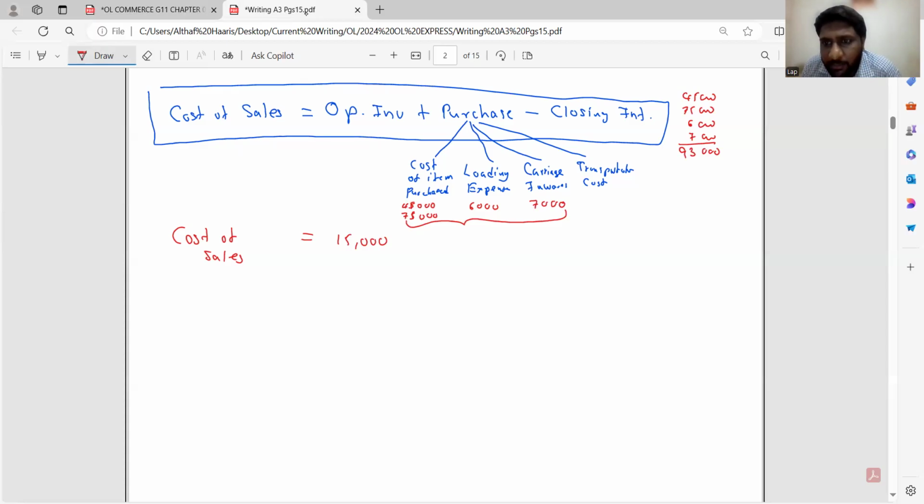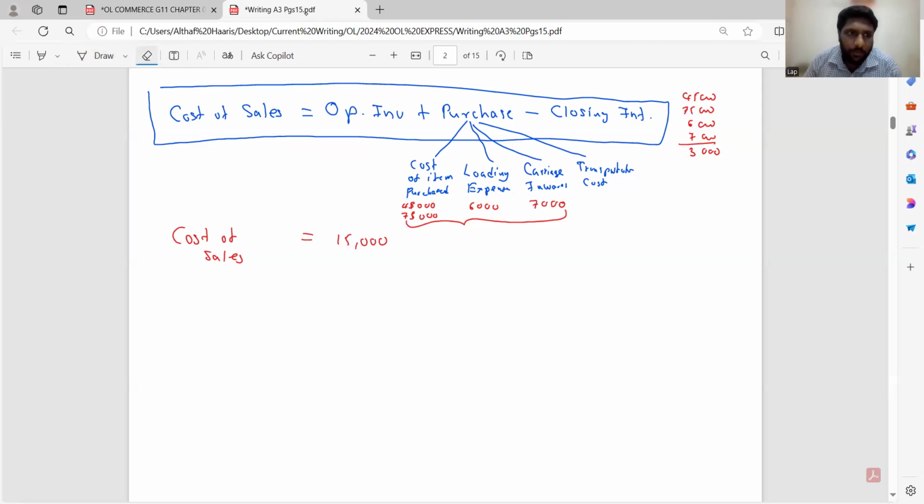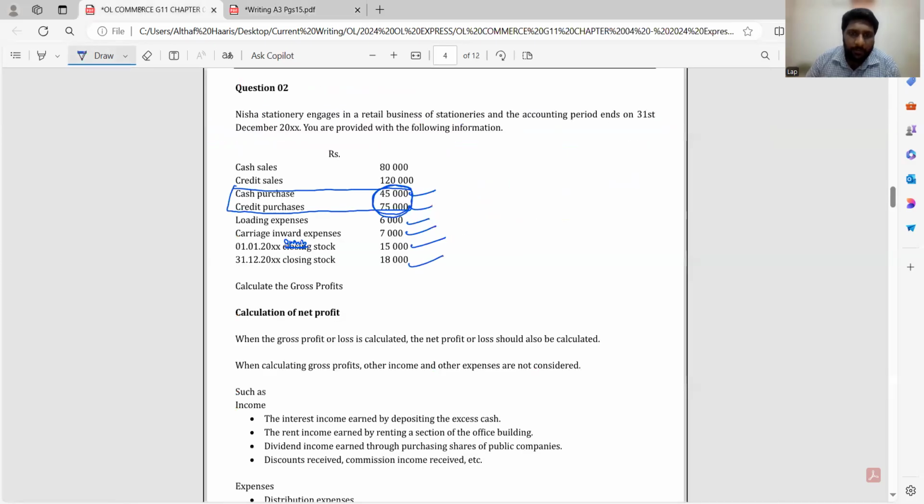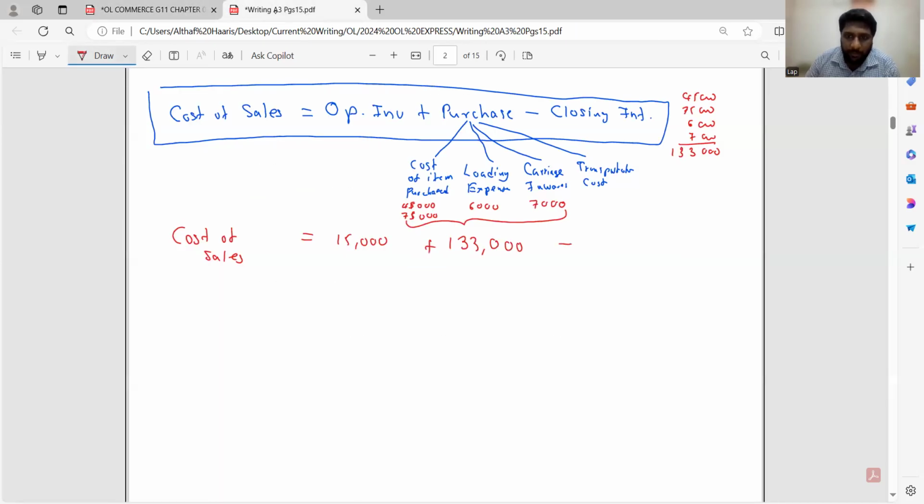No, 75. Then 30. Good. 133. Closing badu, closing badu 18.